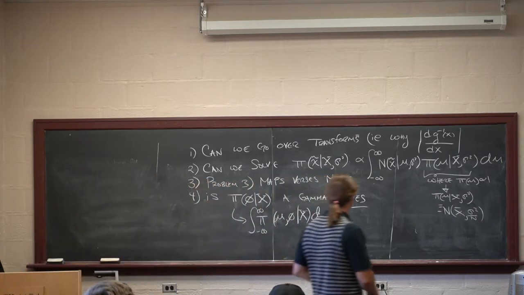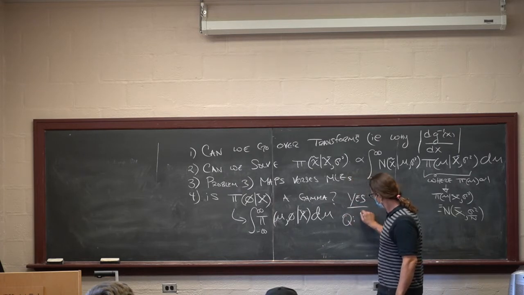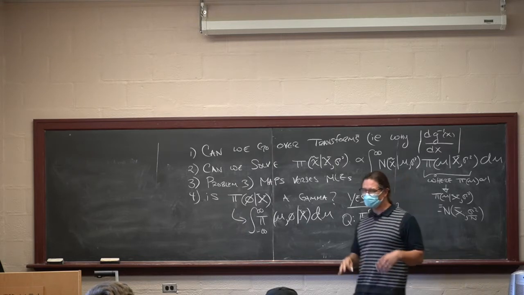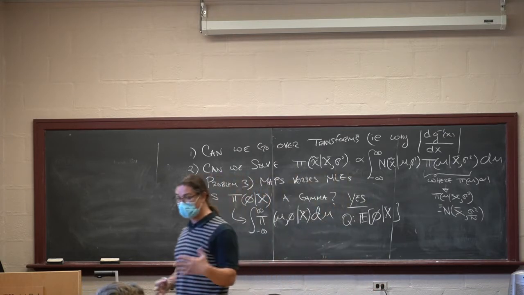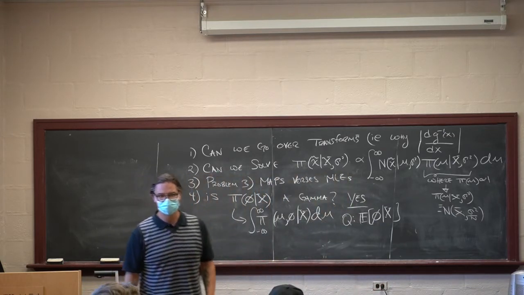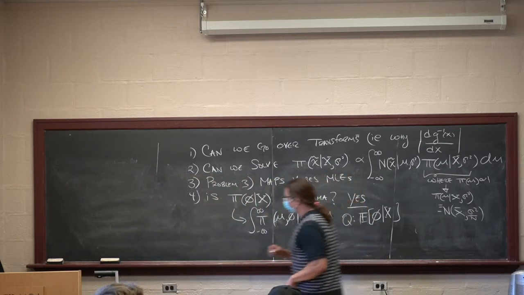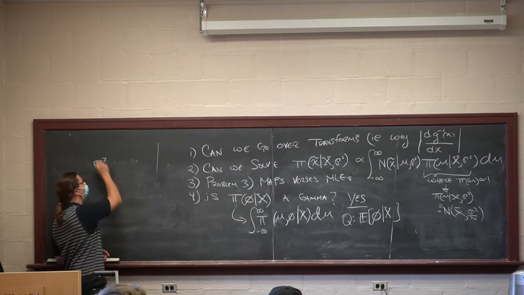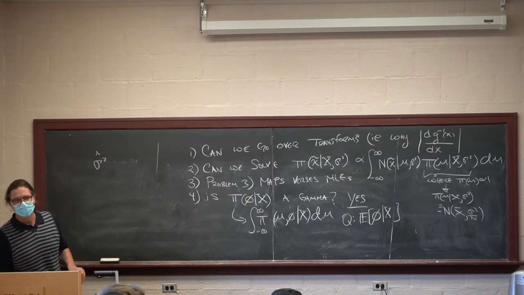I'll just say something about problem 4. What do you think the expectation of phi given x should be? I know I'm asking a lot for you to guess, but can you intelligently guess about this? If you wanted to estimate sigma squared, the way we normally do this, what do you use for that?